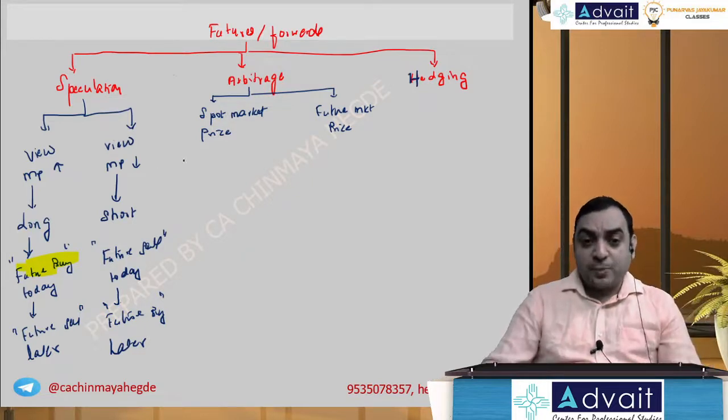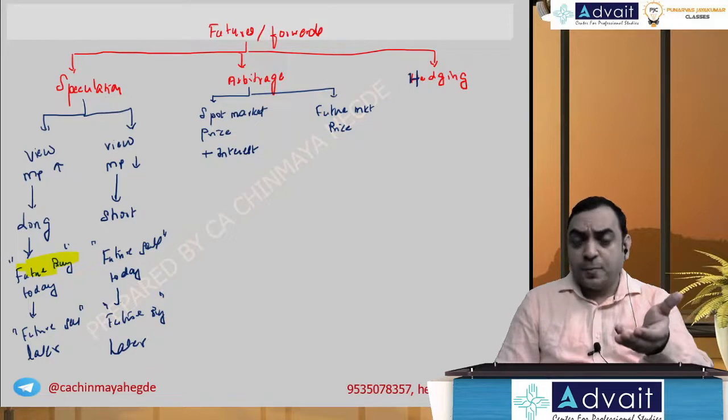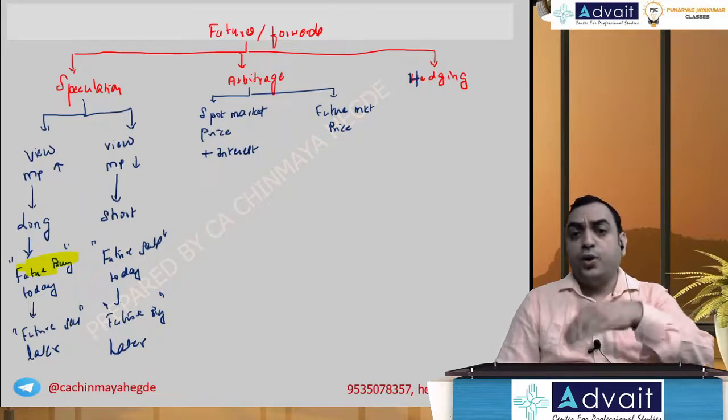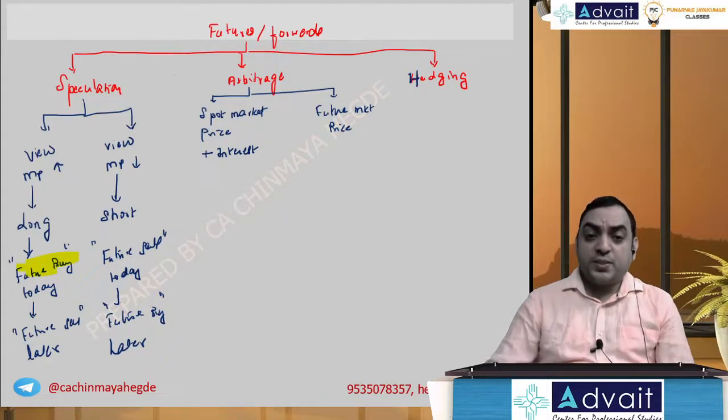So spot market price plus interest. I am telling you the additive model. If it is compound interest, I do 1 plus R. If it is continuous compounding, I will do e power RT. Basics we discussed. Spot price plus interest should be equal to future price.